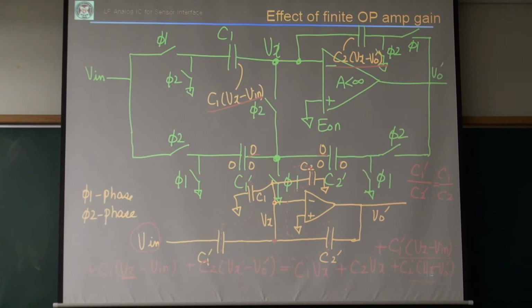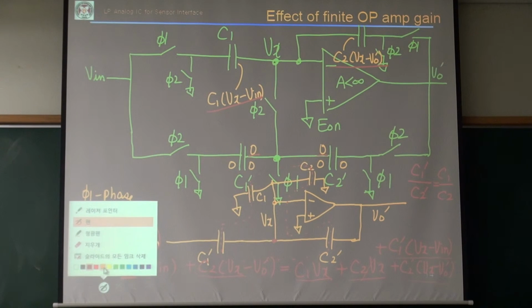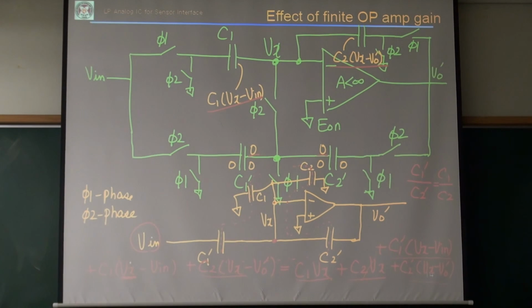Let's try to calculate the Vx here. If I collect all those Vx terms, what do I have? Oh yeah, they are gone. This disappears. Let's try to calculate it. Okay, then how can I calculate Vx?